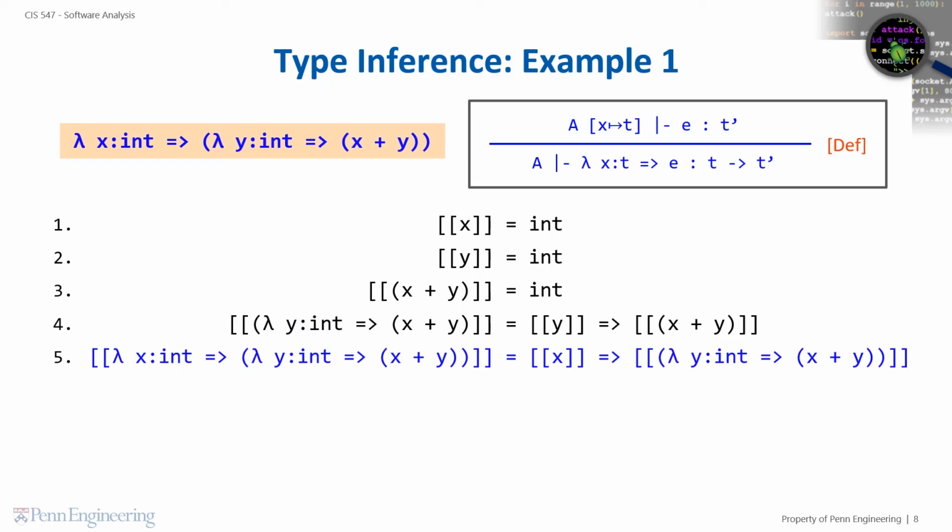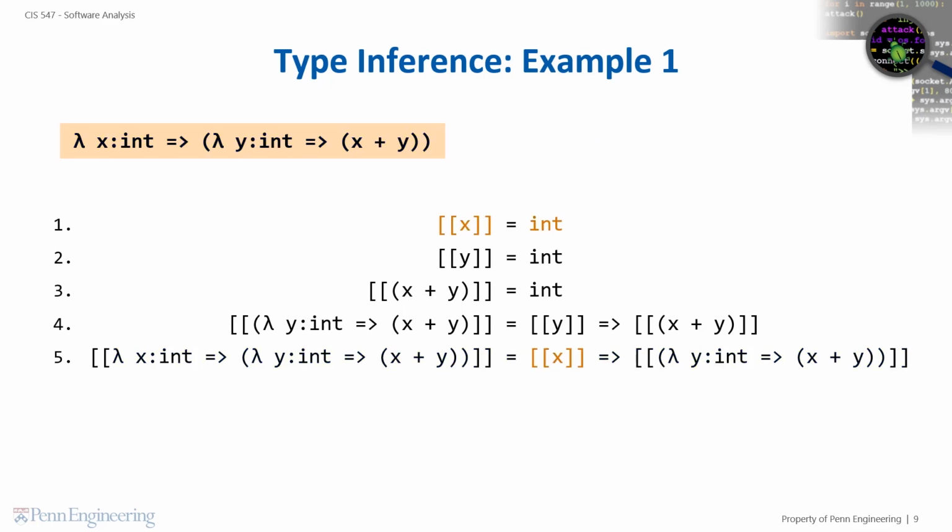Lastly, we generate constraints for the type of the entire program. Again, we use the type rule for function definitions. Now that we have generated all the constraints, we proceed to step 2, solving them using the unification algorithm. Informally, at each step of the unification algorithm, we simply pick a substitution from a constraint and apply it to all the remaining constraints.